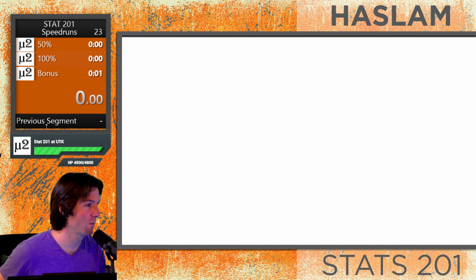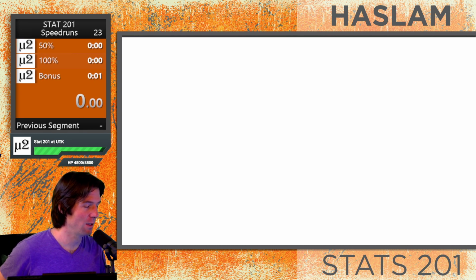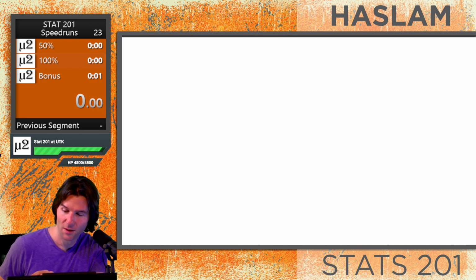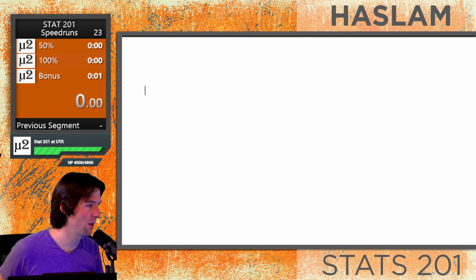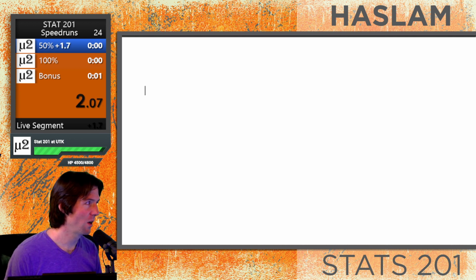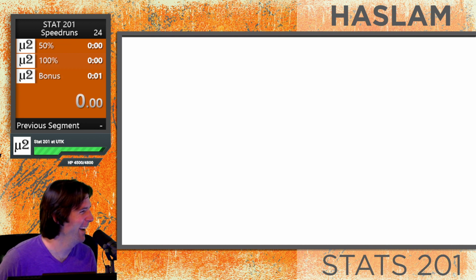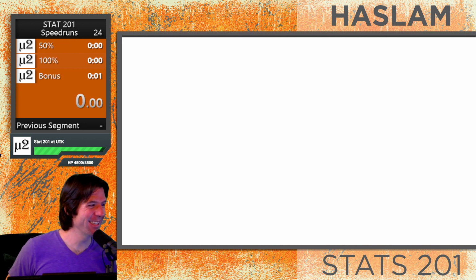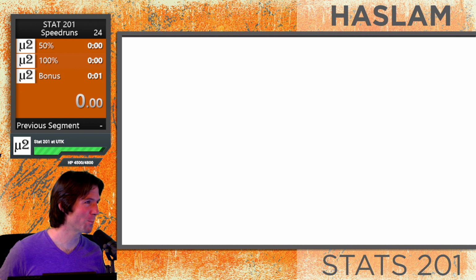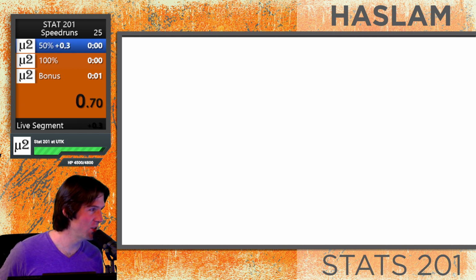Let's fix the speedrun timer. There we go. The difference between associations and correlations. Every single correlation is an association.